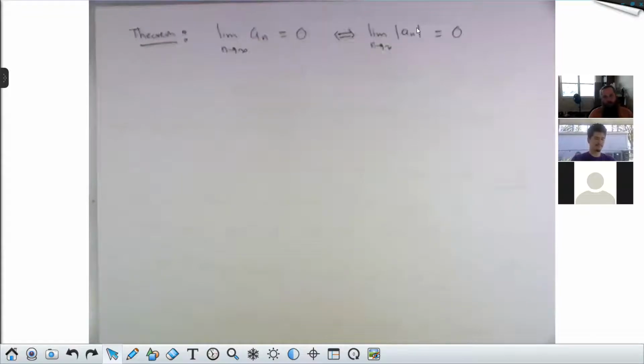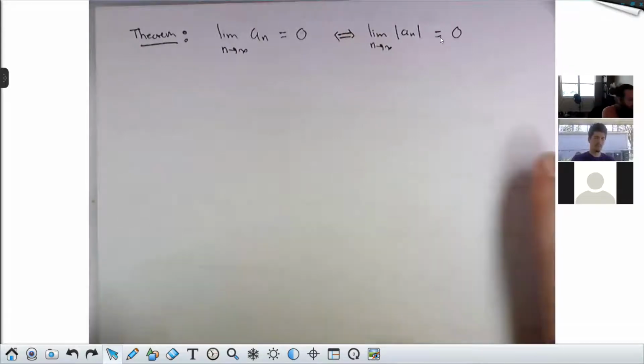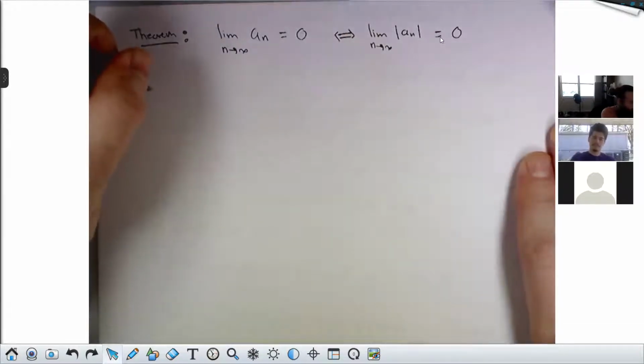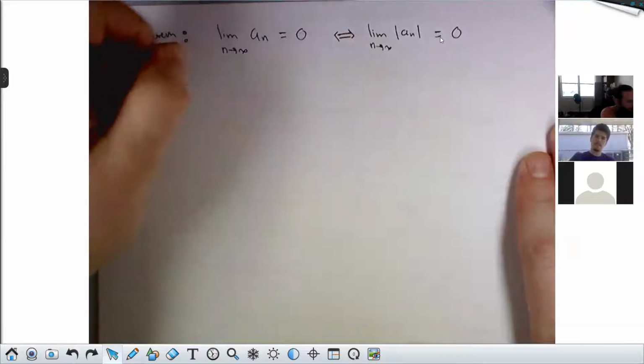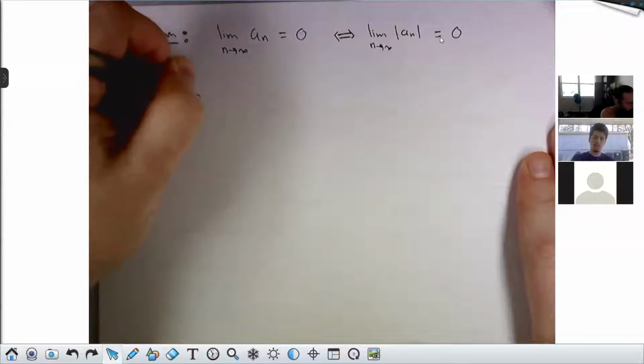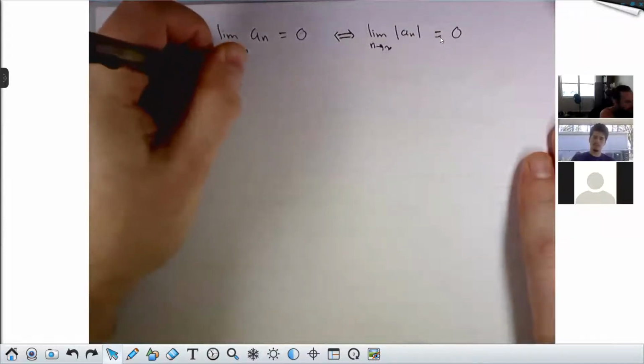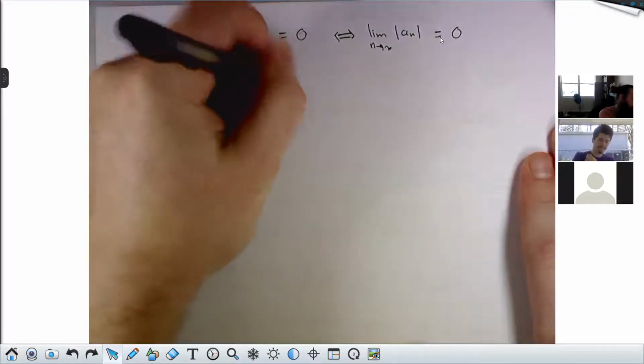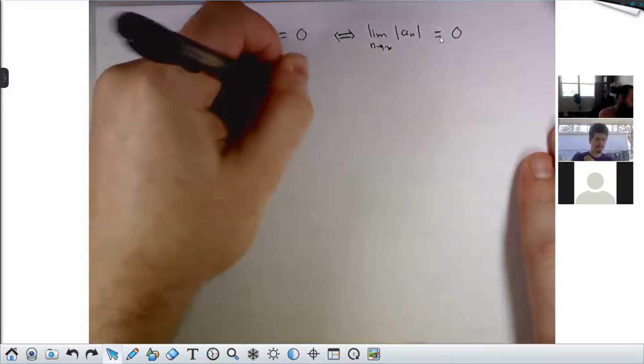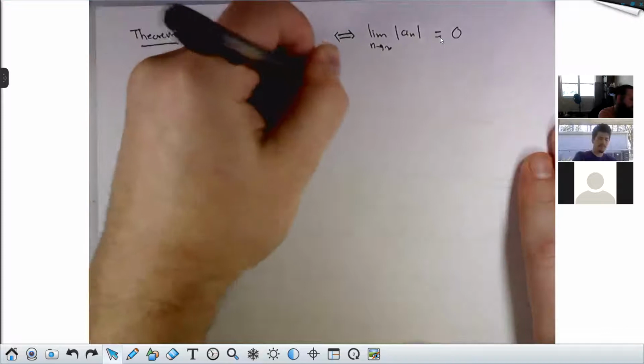This is intuitively appealing, right? The only thing whose absolute value is 0 is 0. The proof here is utterly trivial. The limit as n goes to infinity of the absolute value of a_n is equal to the absolute value of the limit as n goes to infinity of a_n.